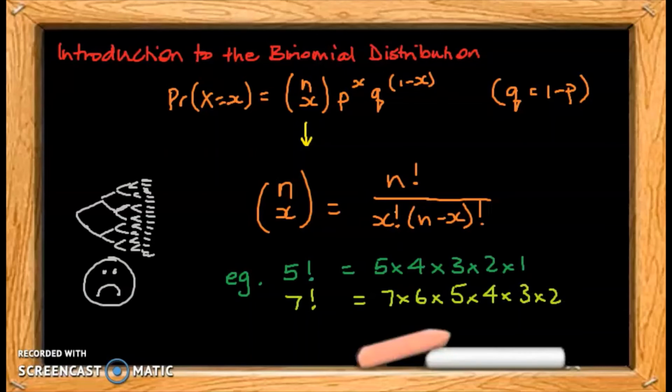Therefore, for nCx, we can set up a fraction here. And one of the nice things about factorials is we get a lot of cancelling when we enter the numbers into the equation. So let's have a look at how that works.